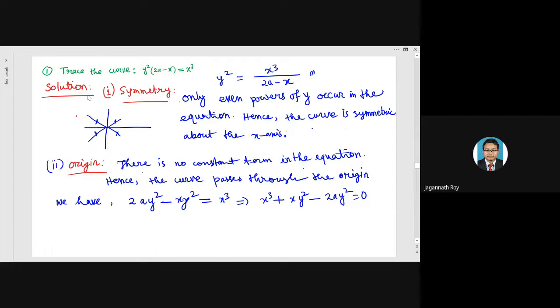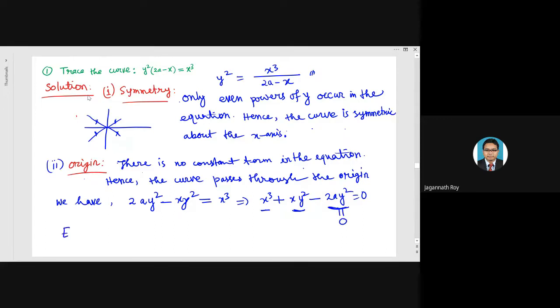Now what we have to do: the lowest degree term, what is it? For this, the degree is 3. Here also the combined degree is 3. So the lowest degree term is this one.